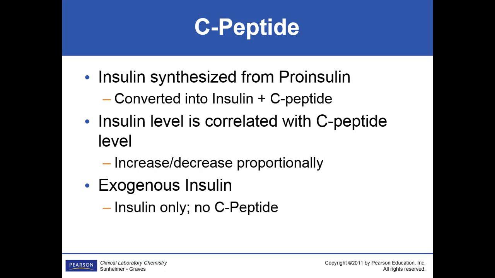Those who are given insulin, exogenous insulin, it doesn't have a C-peptide portion. It's only the insulin. So if you need to know, is this elevated insulin in this person due to their endogenous insulin, or is it exogenous, then measure a C-peptide. So if they're the same, then this insulin's all from them because they split equally.